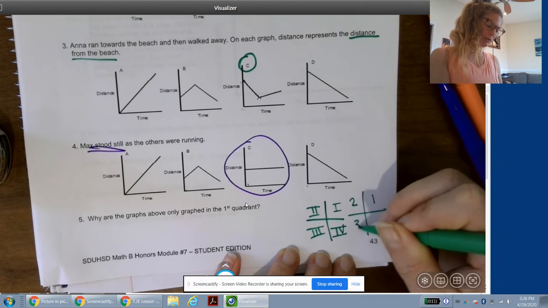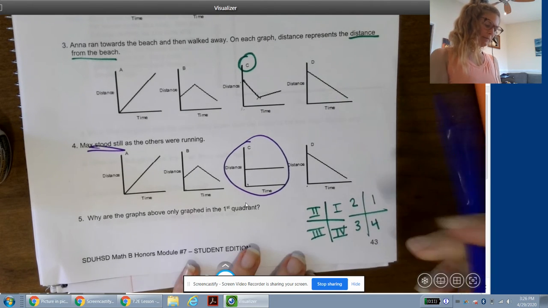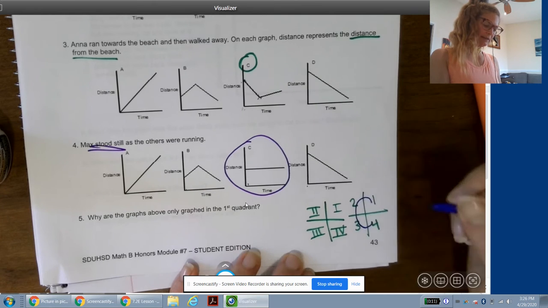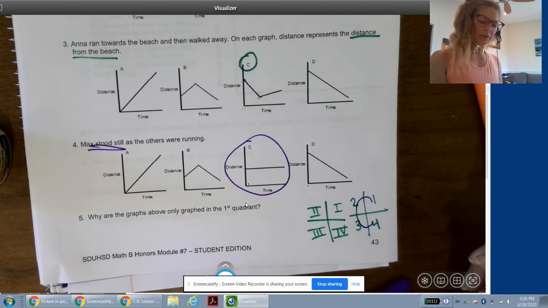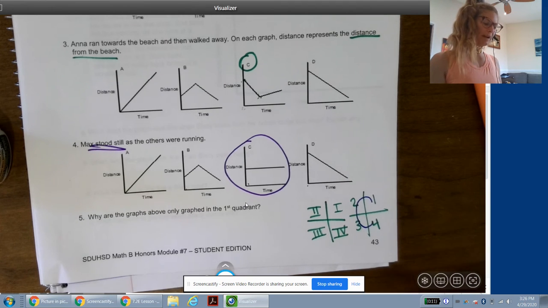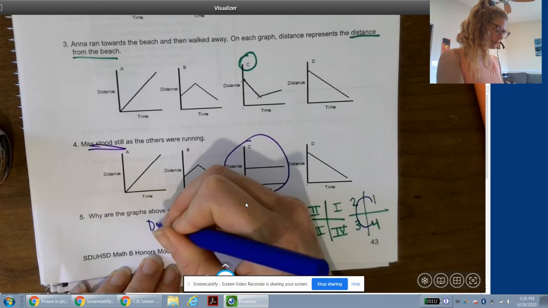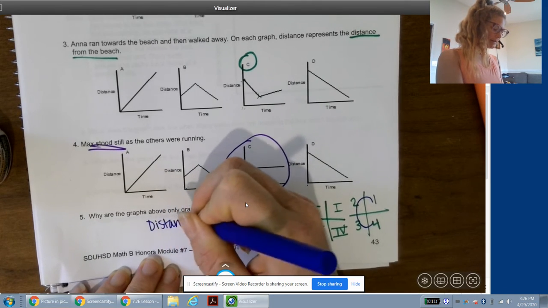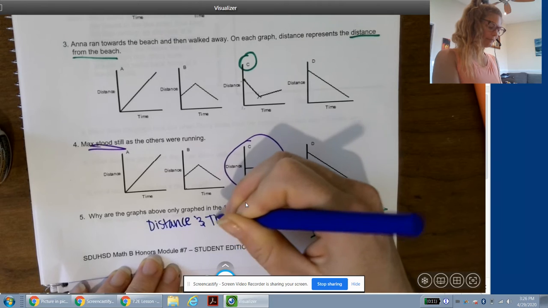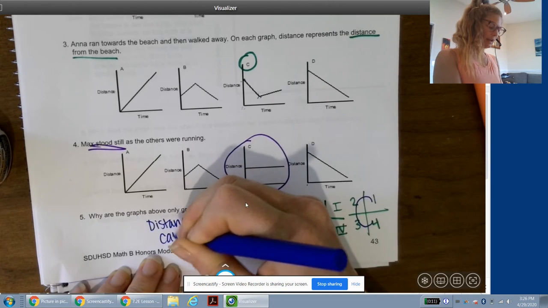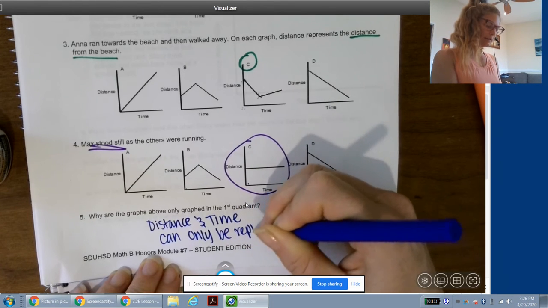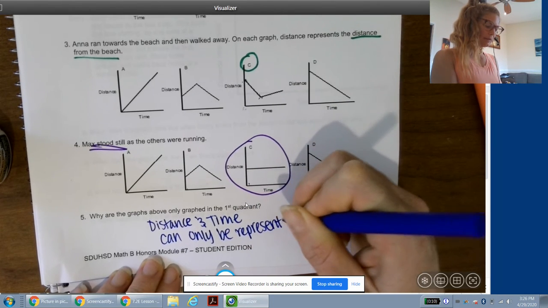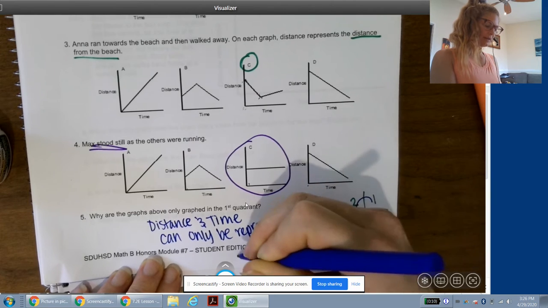Some people like to use a mnemonic to remember that: All Students Take Calculus. So why are they graphed only in the first quadrant? Because remember, we're comparing distance and time, and both those values can only be represented with positive values.